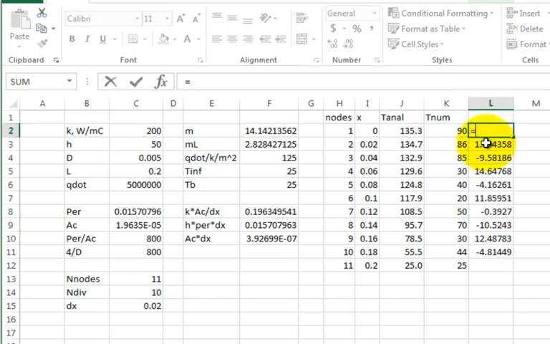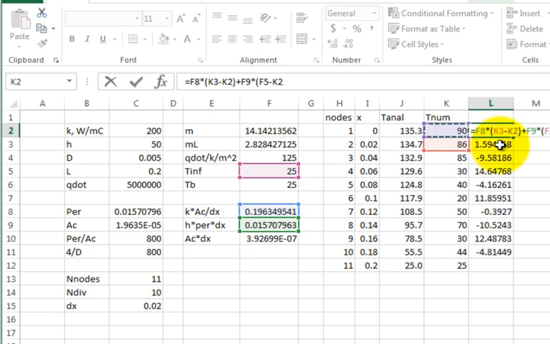Now I have to come up and I have to write the energy balance for this node. So that's equal to the conduction times this temperature minus temperature 1 plus the convection times this temperature T infinity minus temperature 1 plus the, one thing I forgot is I have to divide that by 2.